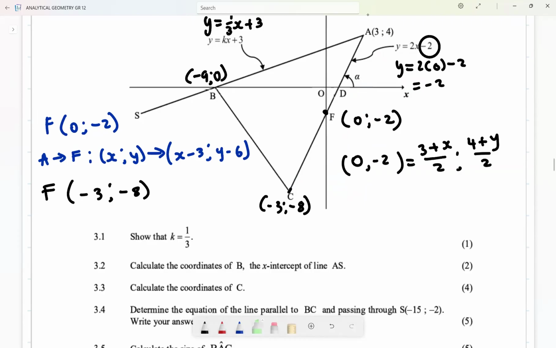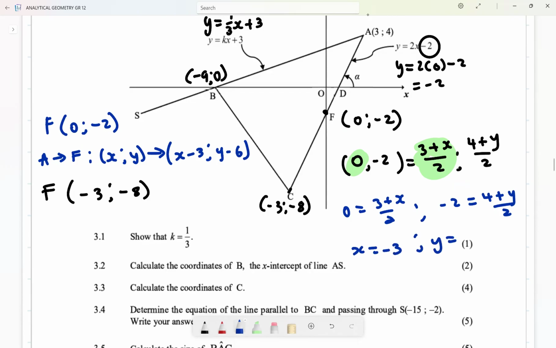So 0 is equal to 3 plus x divided by 2, and -2 is equal to 4 plus y divided by 2. Then 2 multiplied by 0 is 0, and x is going to be -3 here. And y is 2 multiplied by -2, which is -4. -4 minus 4 is -8. So still the same thing, guys. So yeah, that's that.